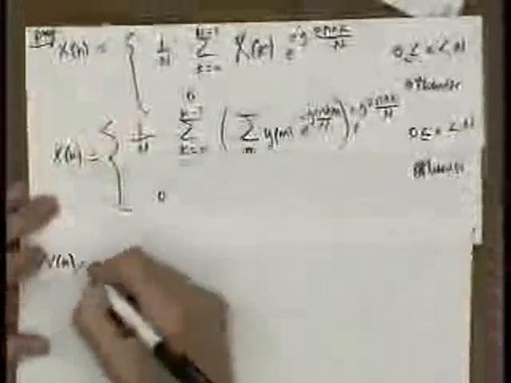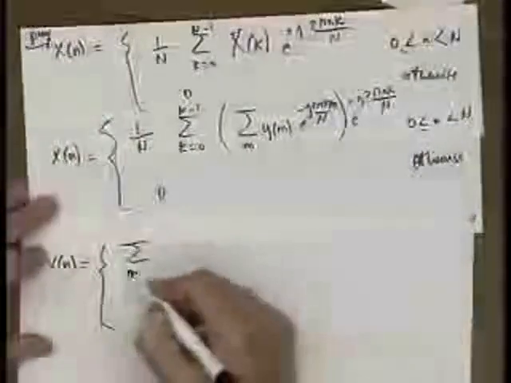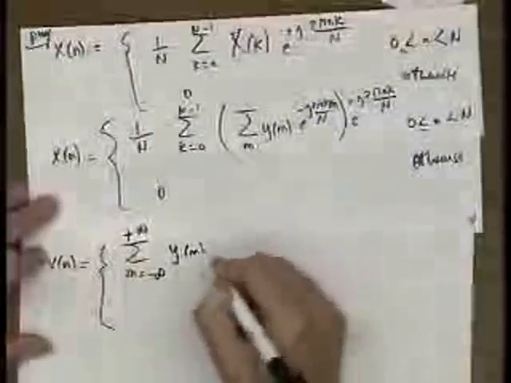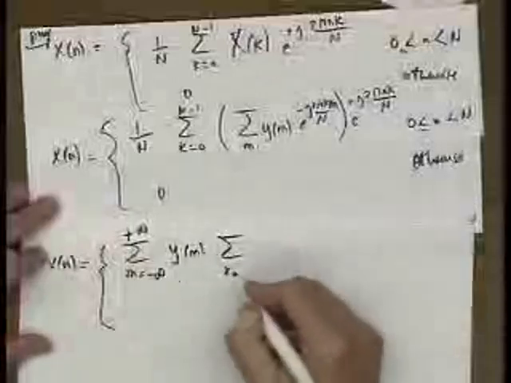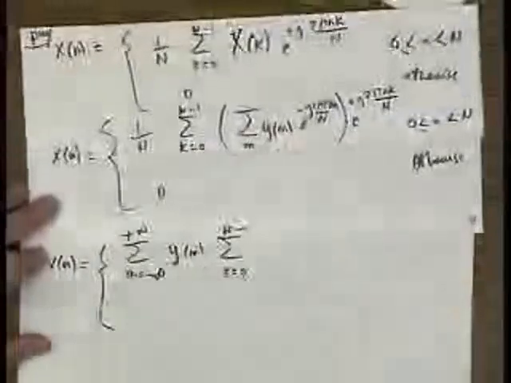So now I have two summations, and what I'm going to do is change the order of them. The summation is summation from m minus infinity to plus infinity of y of m, k equals 0 to n minus 1. I'm changing the order of these guys.